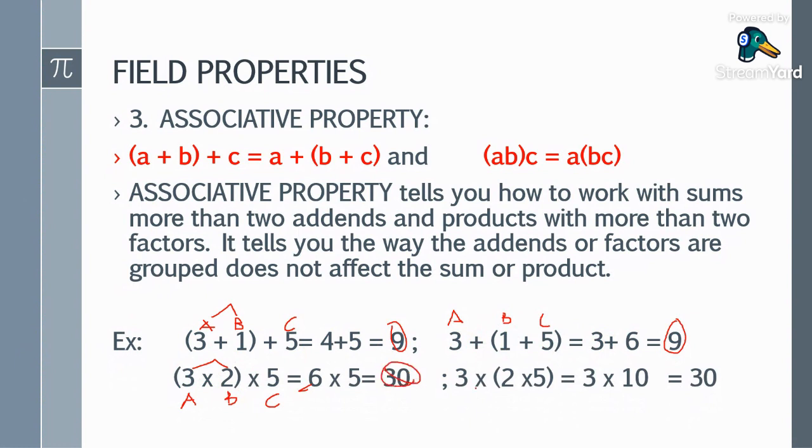Now, 3 times the quantity of 2 times 5. This is letter A times the answer of B times C. B times C, which is 2 times 5, is equal to 10. So the answer now is 30. So that is associative property.